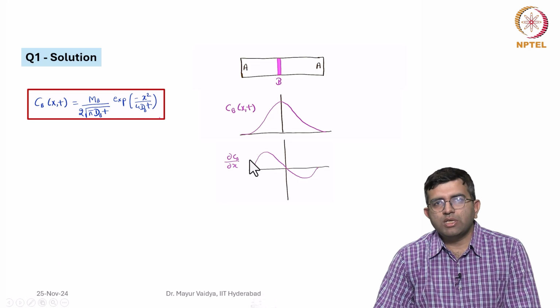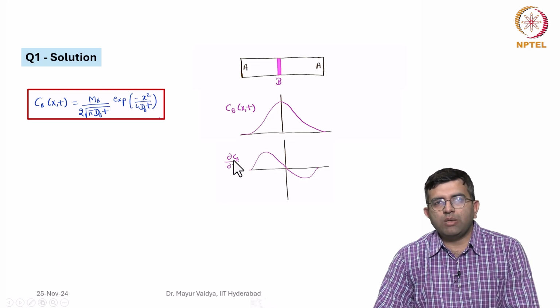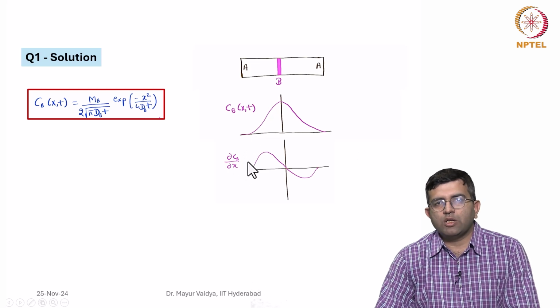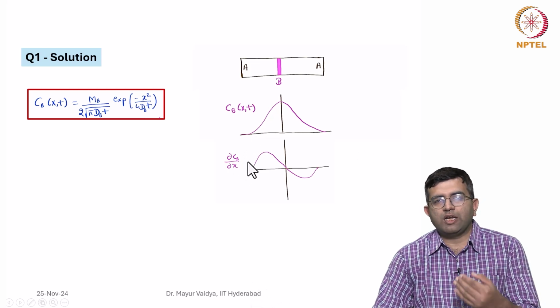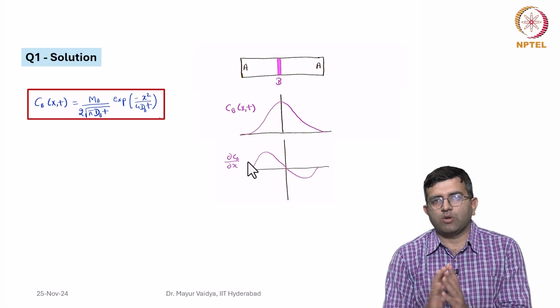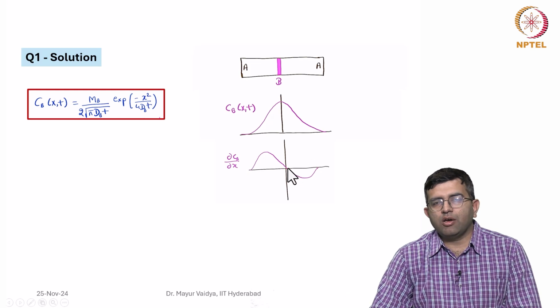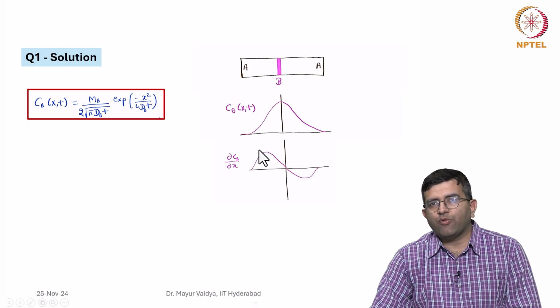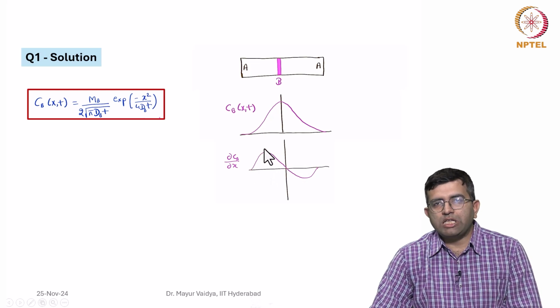The second option was whether the first derivative, dou C_B by dou x, is symmetric about x equal to 0, and the third option was whether it is anti-symmetric about x equal to 0. As you can clearly see here, the sign of dou C_B by dou x changes from this quadrant to the quadrant here.